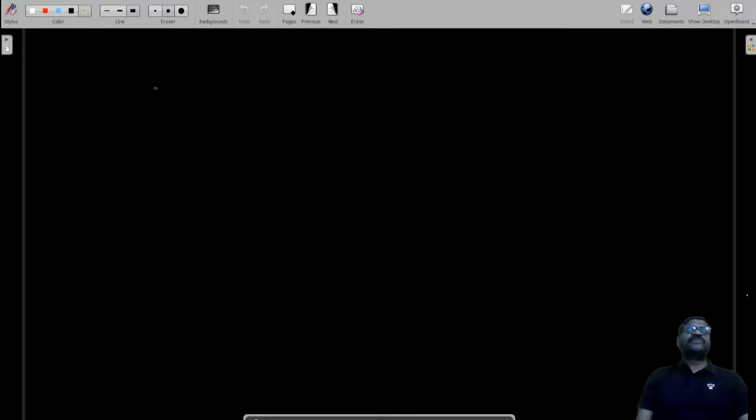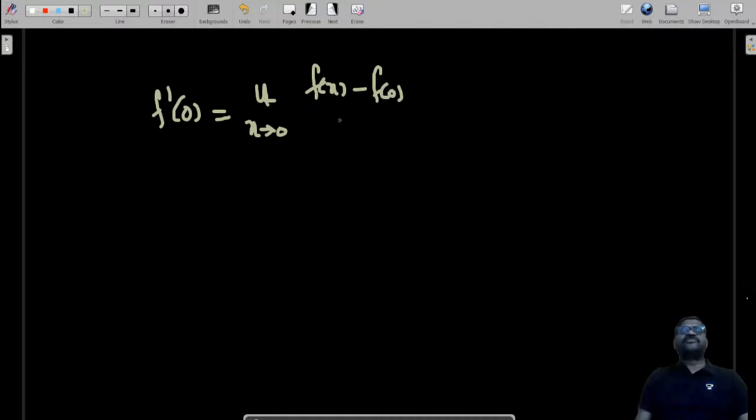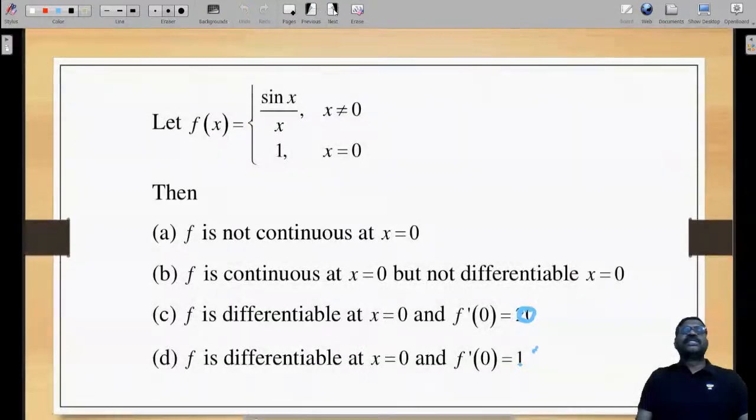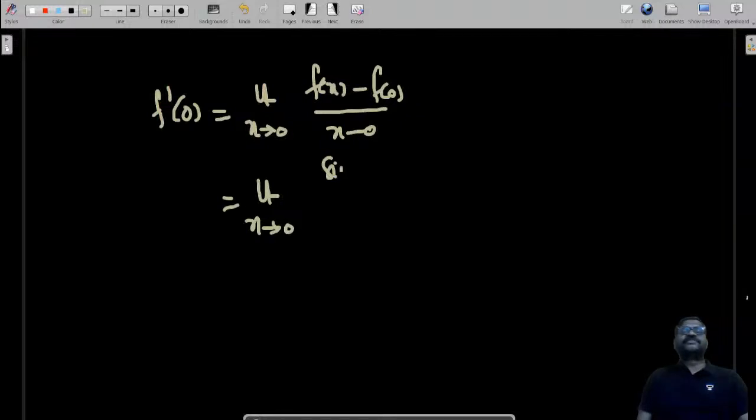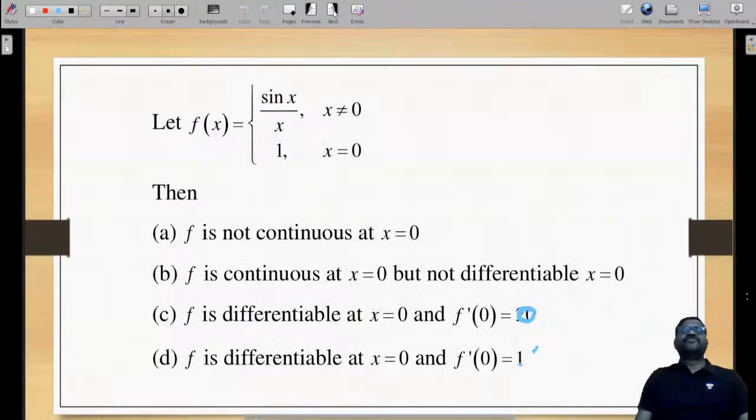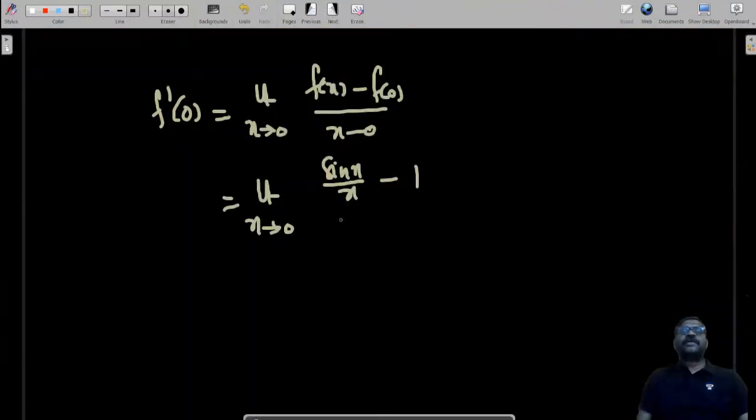As per the definition of differentiability, f dash of 0 is limit x tends to 0, f of x minus f of 0 by x minus 0. Limit x tends to 0, sin x by x minus f of 0, which is 1, by x minus 0, which is x.